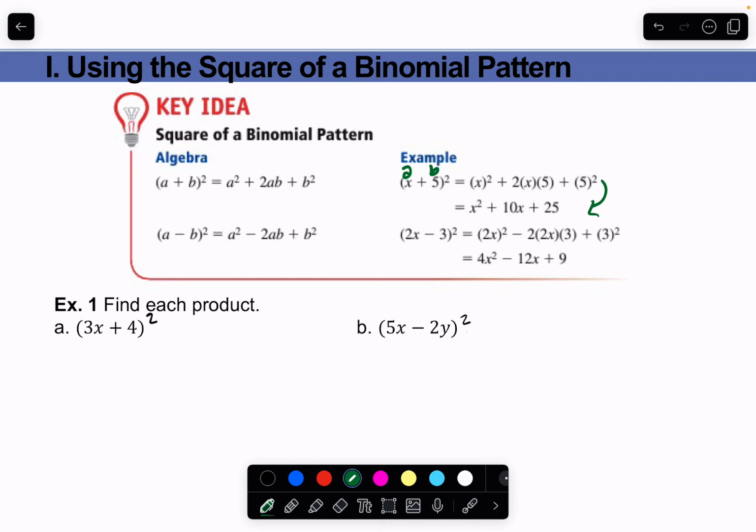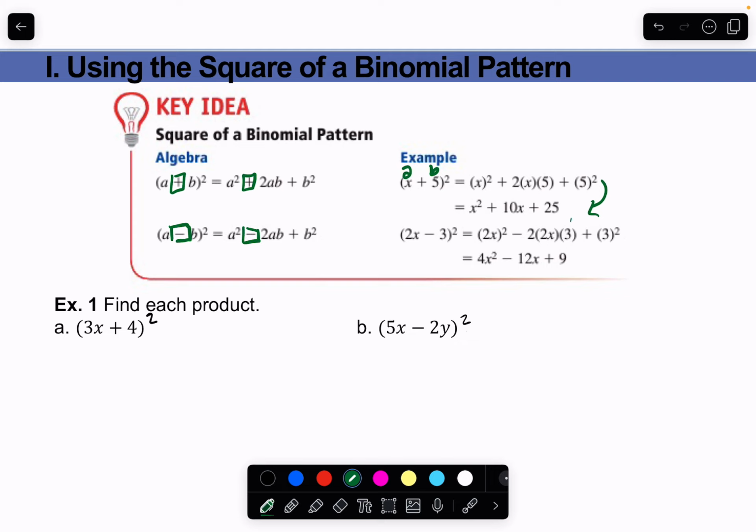When we have (a minus b) squared, we will have a squared minus 2 times a times b plus b squared. So notice these signs right here match. Nothing else changes, right? So when I look at this next example, we've got (2x minus 3) squared: 2x squared, minus 2 times 2x times 3.